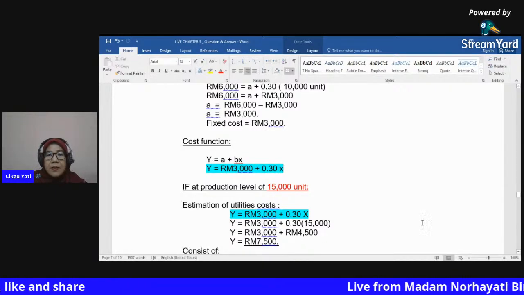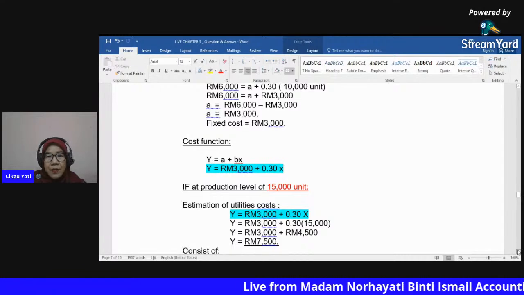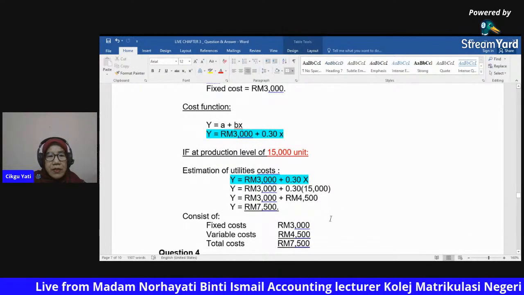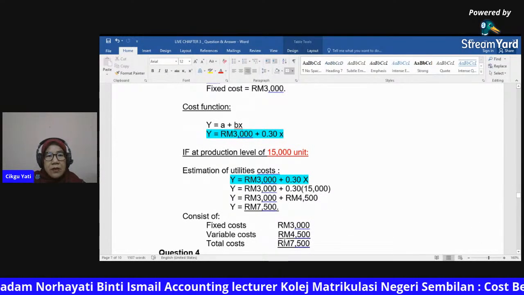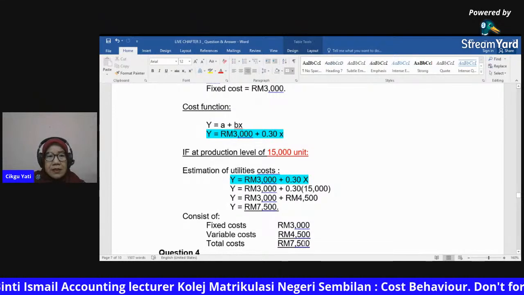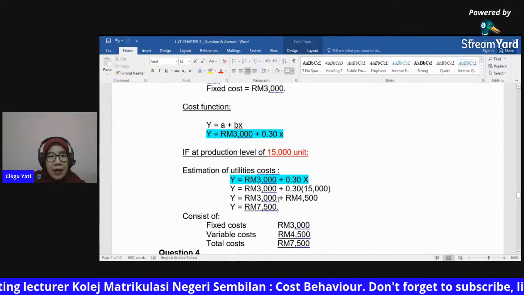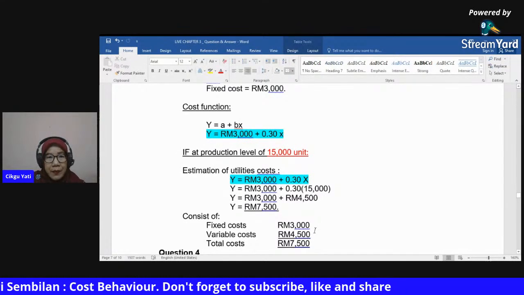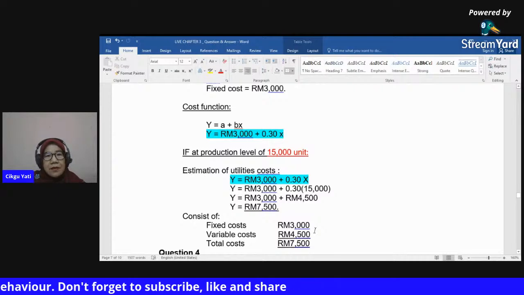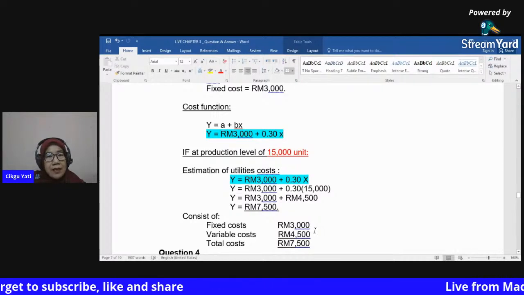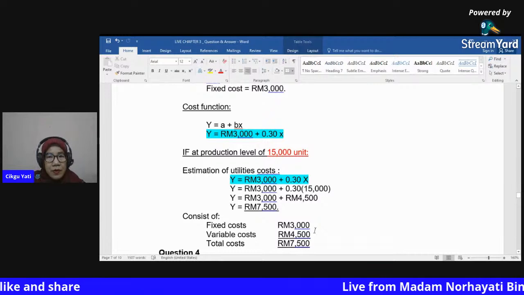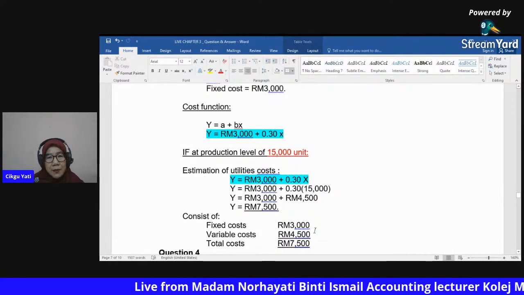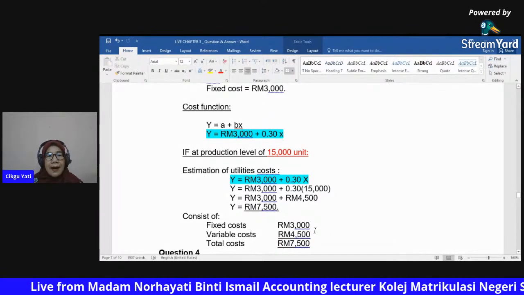Okay, as you know that one is mixed cost. So you can see the conclusion, the total cost is 7,500 consisting of fixed cost 3,000 and variable cost 4,500. So we know that utilities are mixed costs. So this question is very easy. You just memorize the formula using the high-low method.